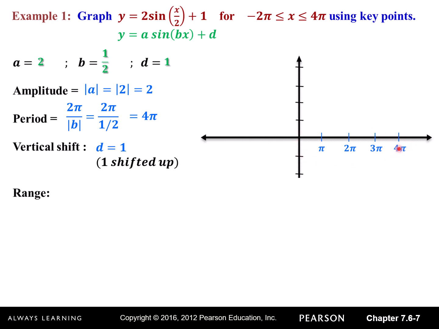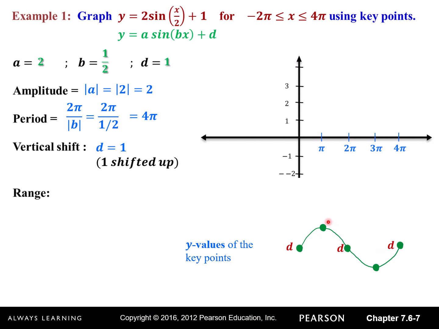To get the y values of the key points, let us put the intervals here on the y-axis. We will start creating the sine wave. The sine function will follow like this. Let us assume the middle is the x-axis. So it will give you d, d, and d.